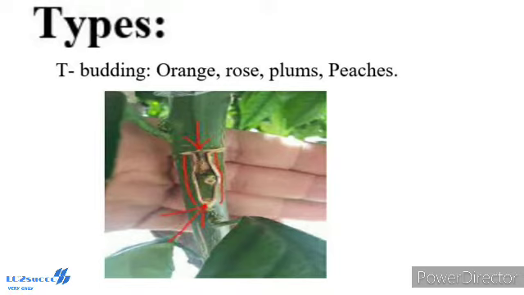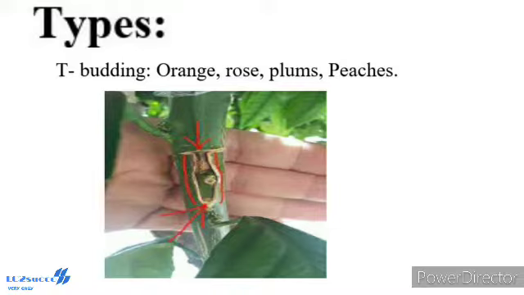Number one, T budding. T budding is a method of bud grafting where a T-shaped incision is made on the stalk stem and the scion bud is inserted into the T-cut surface. This method is also known as shield budding. In the stalk stem, a T-shaped cut of 1.5 cm length is made and the bark is lifted with a sharp knife.